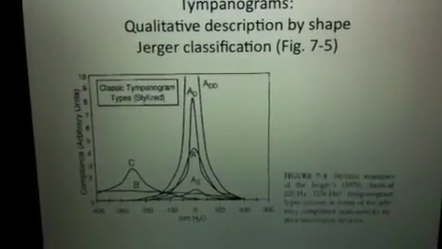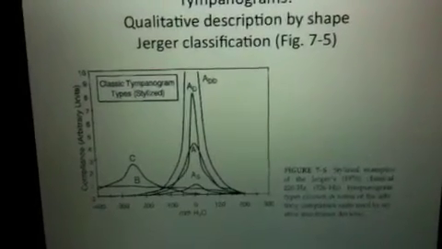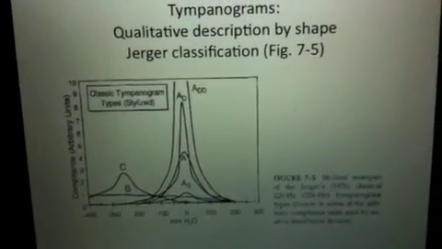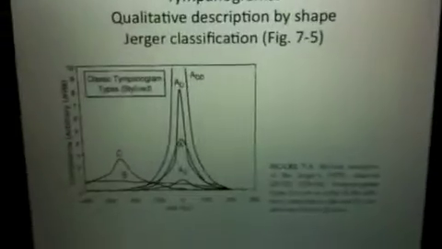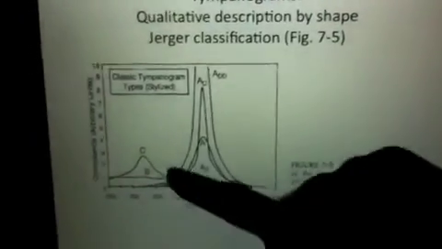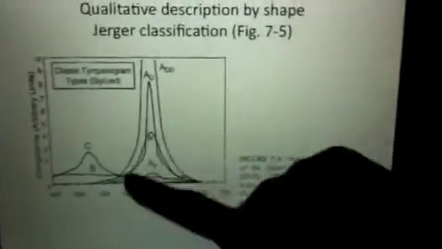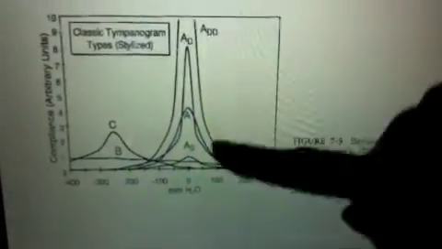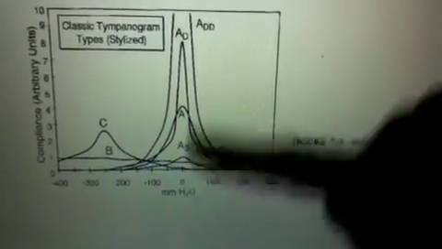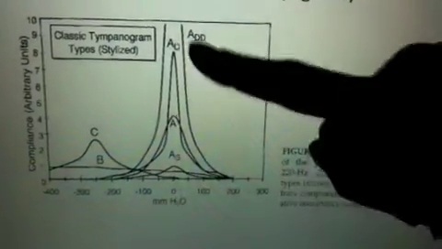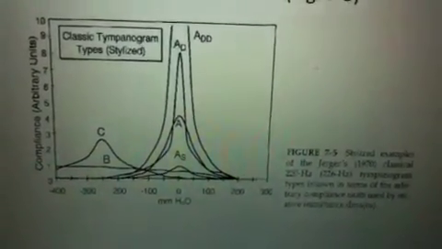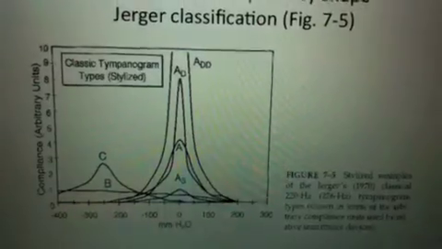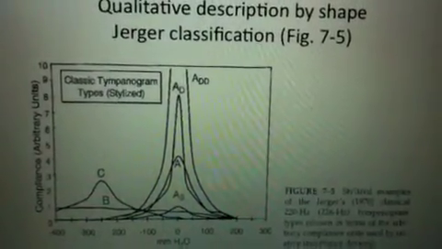We can also look at tympanograms and classify them on the basis of their shape. One way that we can do this is if we say A is our normal tympanogram, two tracings, A sub D and A sub S, are related to static acoustic admittance values or compliance values that fall outside of the normal range.